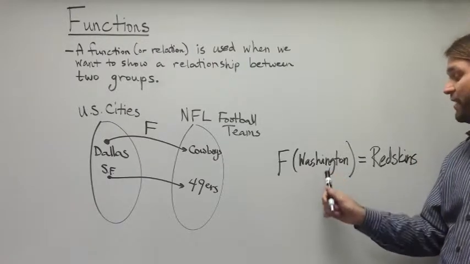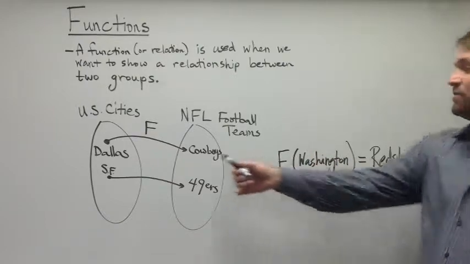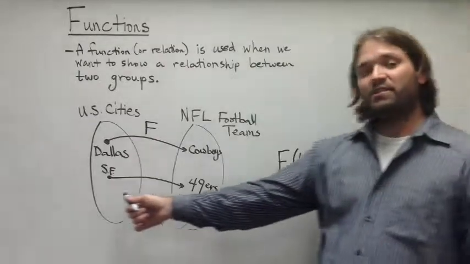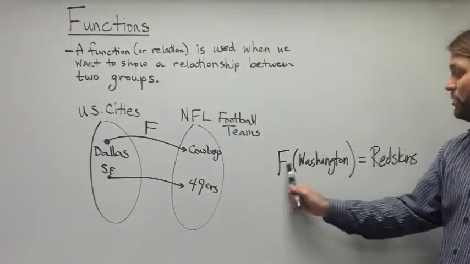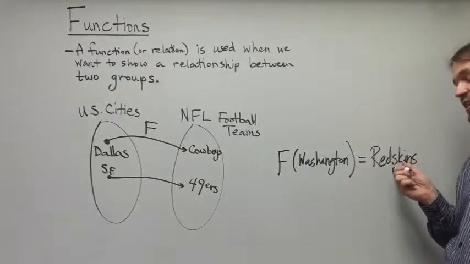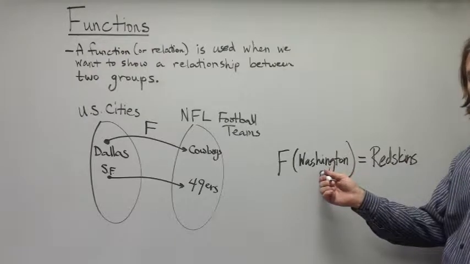Basically what we have here is this is what we are putting into the function. In other words, this is a U.S. city that belongs to this first group. If we put it in the function, then that means the output is here, which is the Redskins, the name of the team that plays in this city.